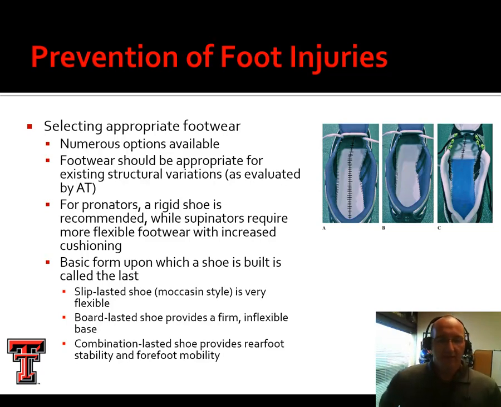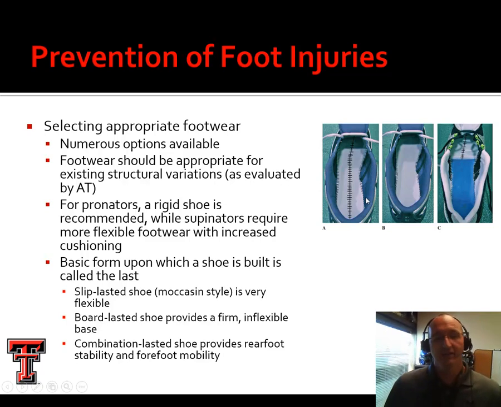Okay, what's called a slip-lasted shoe, we see here, is very flexible, so it will actually bend all the way around where it's sewn into the shoe, and then it's also flexible in the center. A board-lasted shoe, on the other hand, is one piece and it's sewn in.